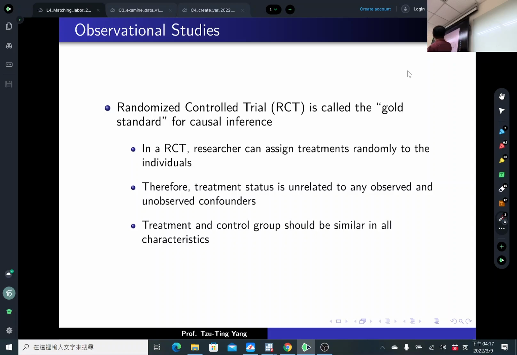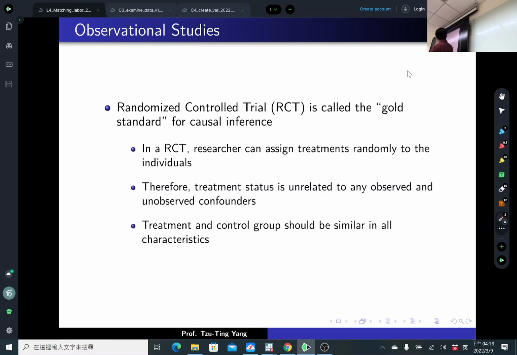And also, how the researcher assigns the treatment is based on a random process. So who gets a treatment is random. It's unrelated to any factors. It's not because you are rich, you are more likely to get a treatment, or you are poor, you cannot get a treatment. It's just due to the random process.